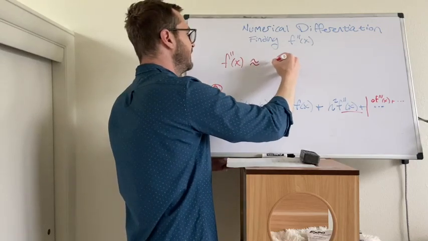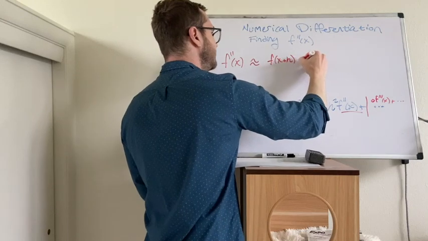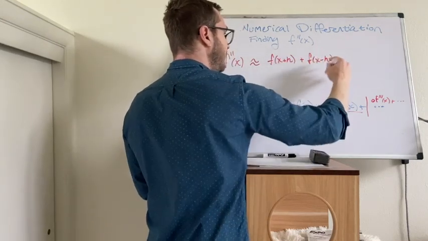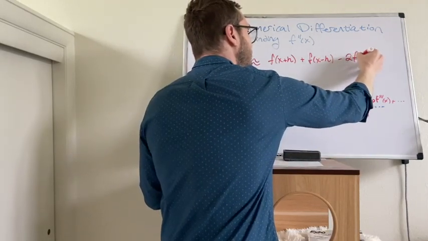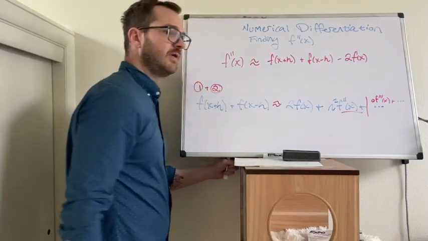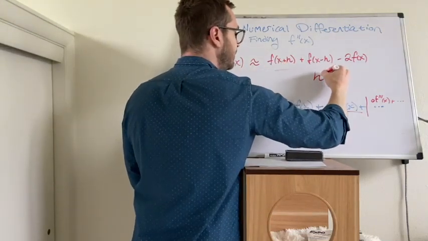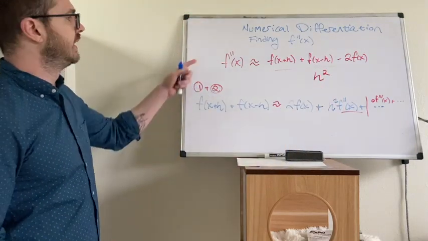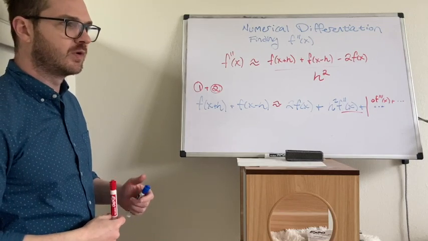This is approximately equal to f of x plus h plus f of x minus h minus 2 f of x, and then this quantity is divided by h squared. Okay, there is your numerical calculation for f double prime.